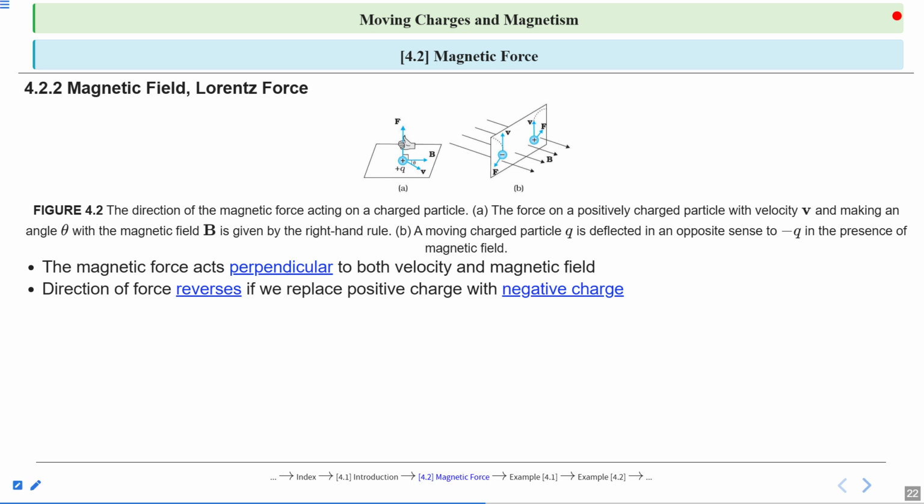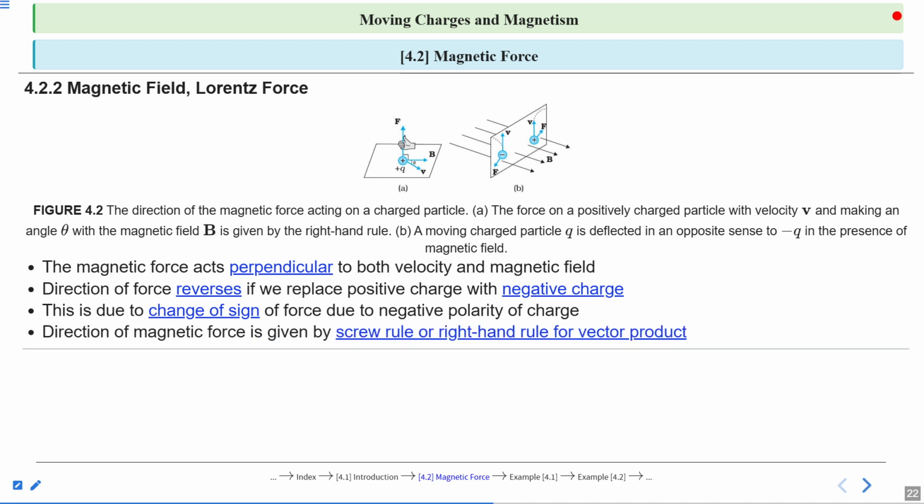I have already mentioned that the direction will reverse. This is due to the change of sign of force due to the negative polarity of charge. In place of Q there is minus Q, so the sign of force will change, hence the direction of force will reverse.